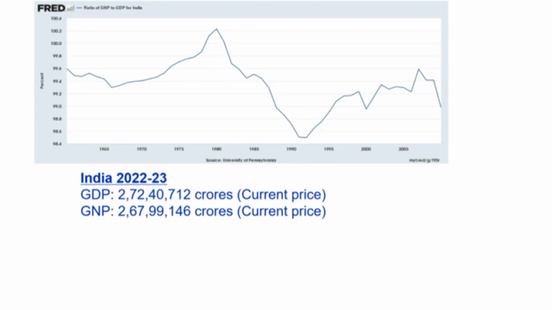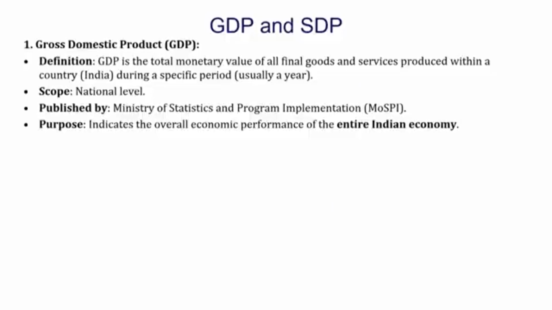You can see that over most of the period, India's GNP is less than GDP, except in this period, the end of the 1970s and the beginning of the 1980s, when India's GNP was greater than GDP. That means at that time, India's net income from abroad was a positive figure.